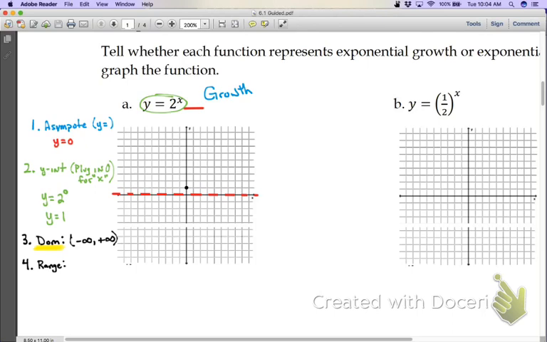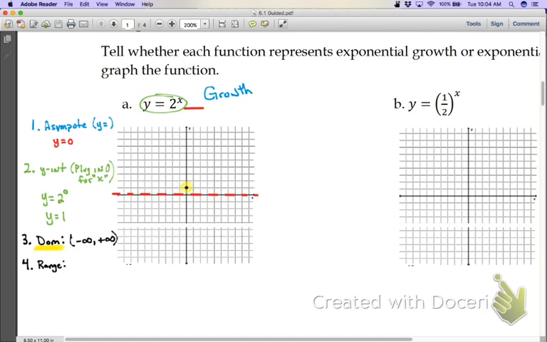It's not as simple. But since we just found this imaginary line, the asymptote, that's at 0, and we have a point on my y-axis that's at 0, 1, that means the graph has to be on the top side of that line.